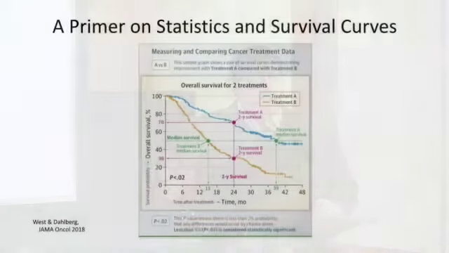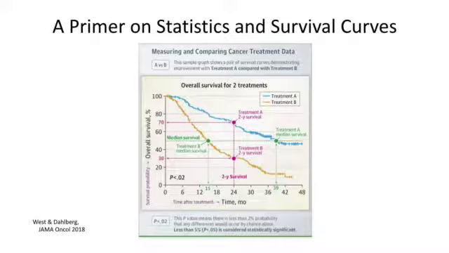I think many in the audience, both here and online, have seen Kaplan-Meier curves before, but the idea being that on the horizontal axis at the bottom you have time going from left to right, and survival, in this case overall survival, but it can be progression-free survival or something like that, is on the vertical axis from 0, where no one hasn't had whatever event, death or progression, to 100% at the top.